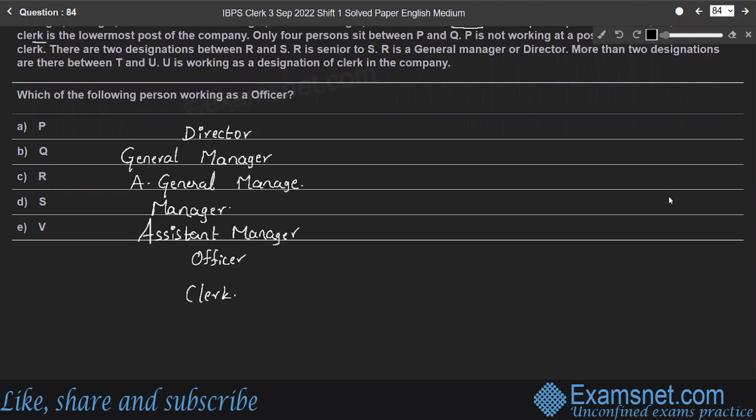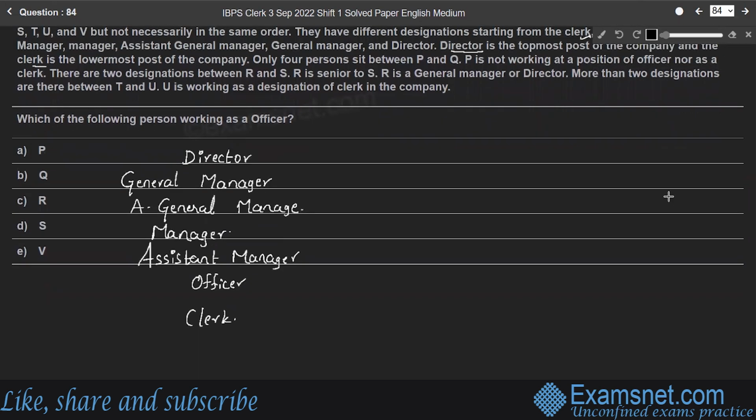It is given that U is working as clerk in the company. So the first point is U is clerk of the company. Director is the topmost position of the company. Here who is director?